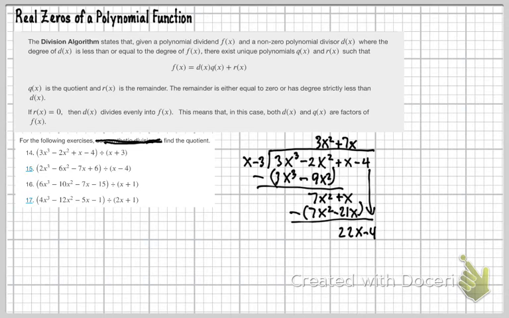So I'm going to take this x here and multiply it by 22. So that's going to be 22x, and then that's going to be minus 66. So now I'm going to take that and subtract it, and that means I'm really adding 66. And I got a negative 4 up top here, so then I'm going to get a 62.